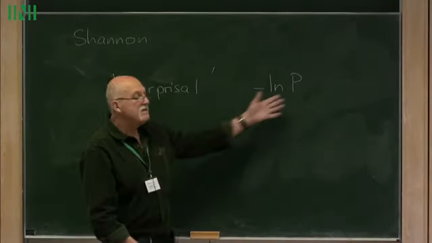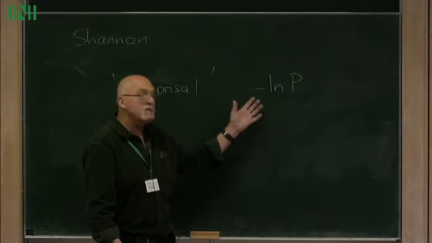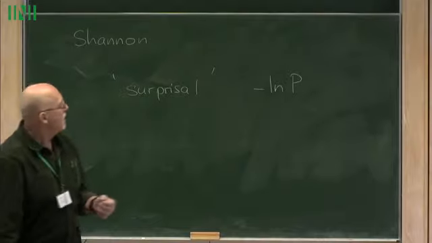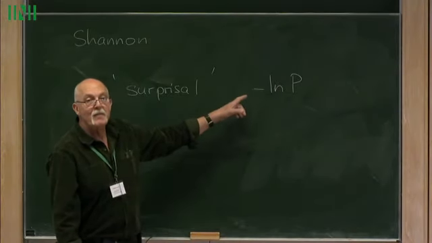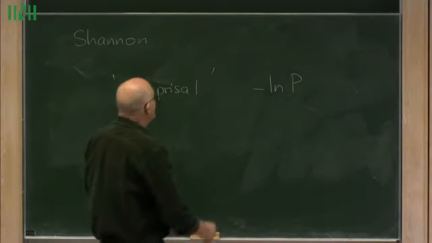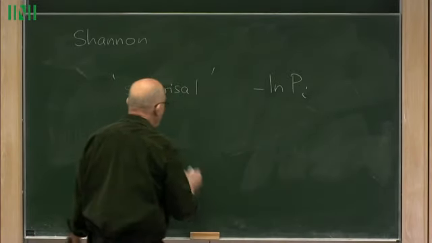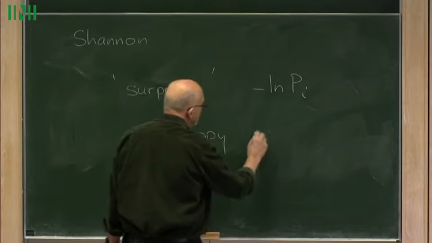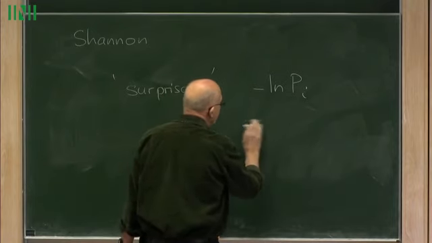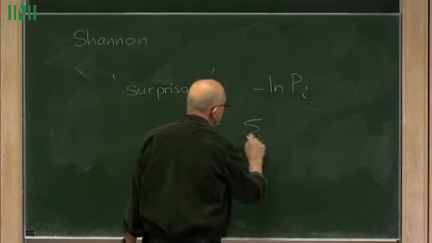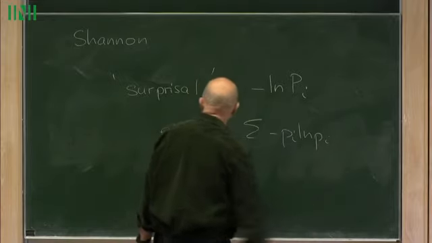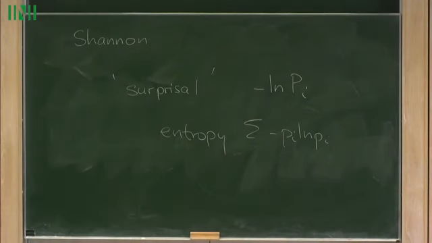If the probability of something happening is 1, I'm not too surprised. But if the probability gets to be really small, you're surprised big time. So that's surprisal. And then entropy, of course, is just how surprised you are on average, so just minus the sum of p_i log p_i. I thought this was pretty interesting. I had never thought of entropy in this way.